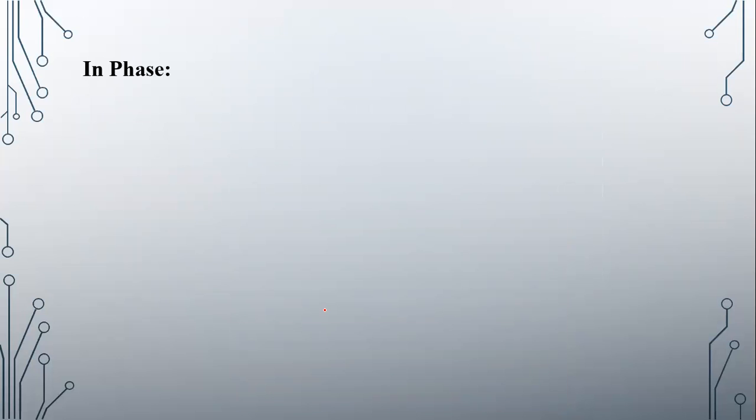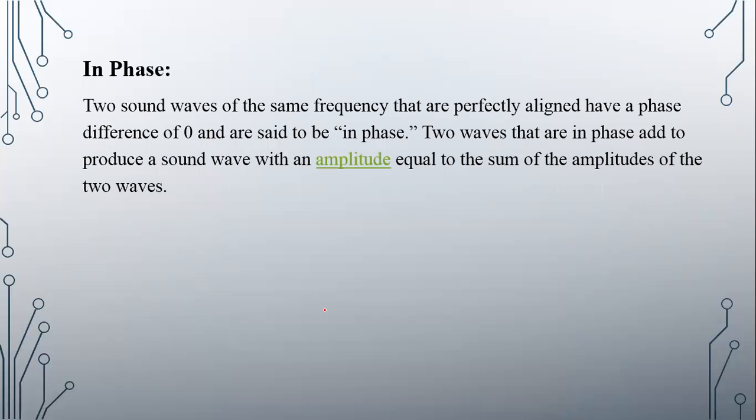Now what is meant by in phase? Two sound waves of the same frequency that are perfectly aligned have a phase difference of 0 and are said to be in phase. If you combine two waves and both represent the same positions, they have zero phase difference, so they are called in phase.